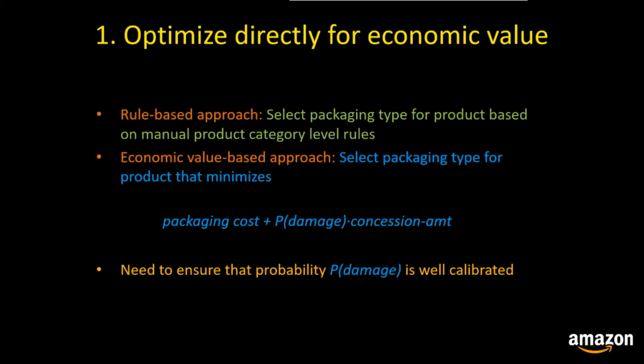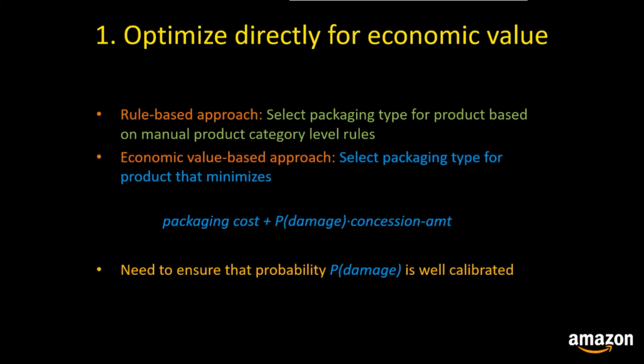We have developed an ML model that can predict damage probability for a product given its packaging type. These damage probabilities are then used to select the optimal package type for each product that minimizes the total cost of packaging and concessions paid for damaged shipments.